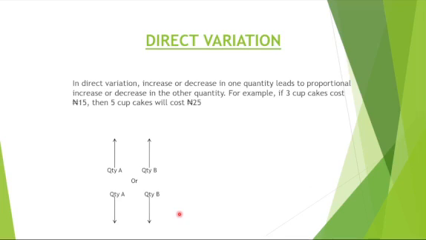Now, this is a simple diagram that explains the way direct variation behaves. So the two put together is simply regarded as direct variation. So with this background, we are safe now to go ahead and talk about direct variation proper.